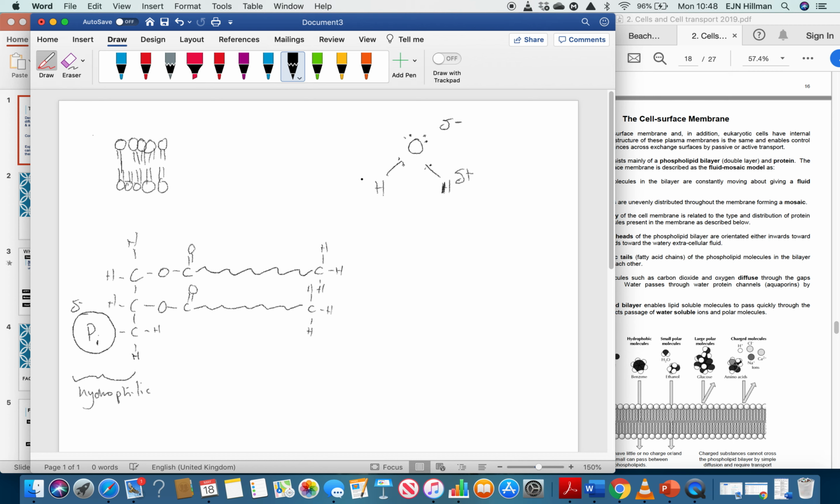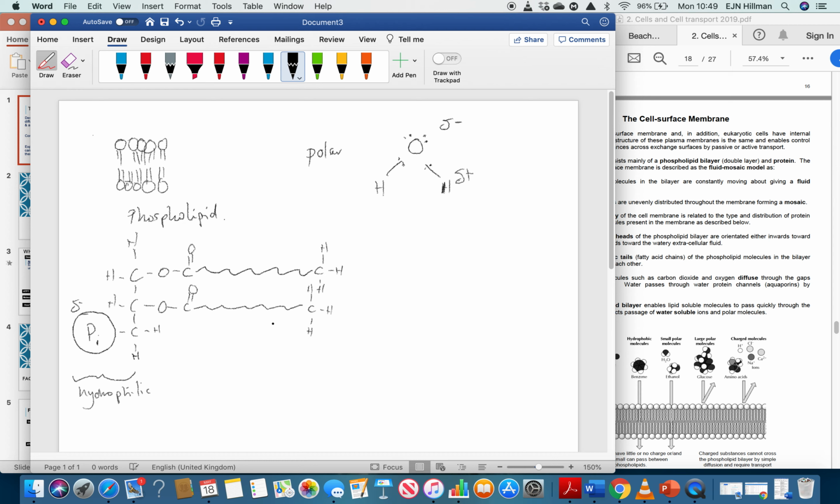Okay, so we refer to water as being a polar molecule. It's got this slightly negative end and a slightly positive end. That means it is attracted to other molecules with charges. So, for example, we've got this inorganic phosphate group on this phospholipid.